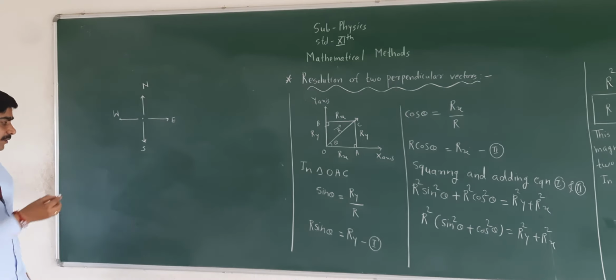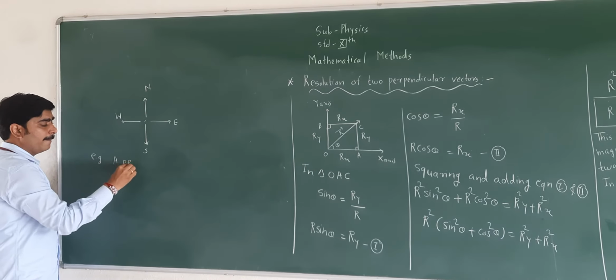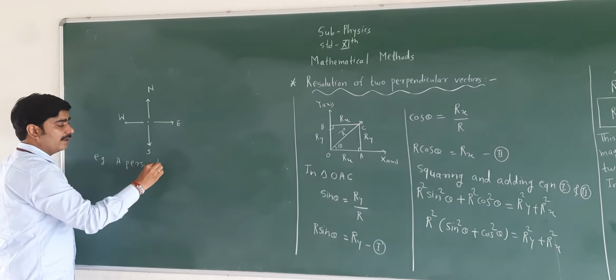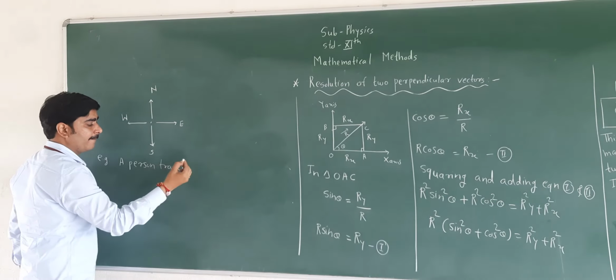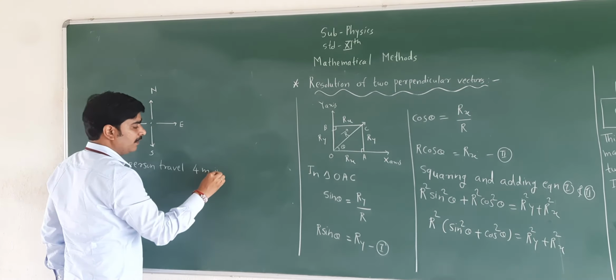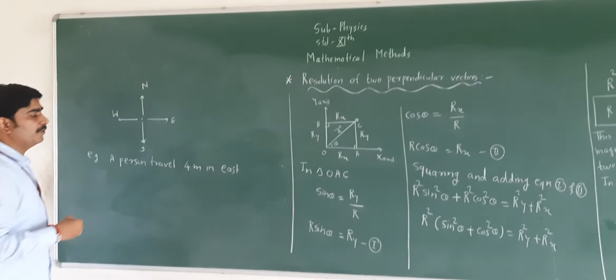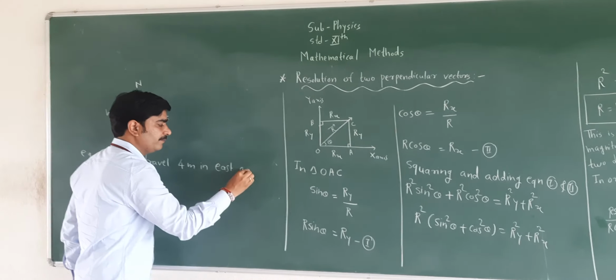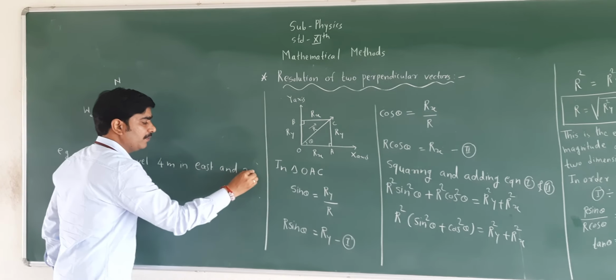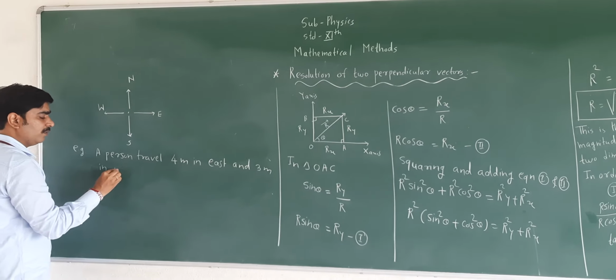Suppose there is one question, for example: a person travels 4 meter in east and 3 meter in north.